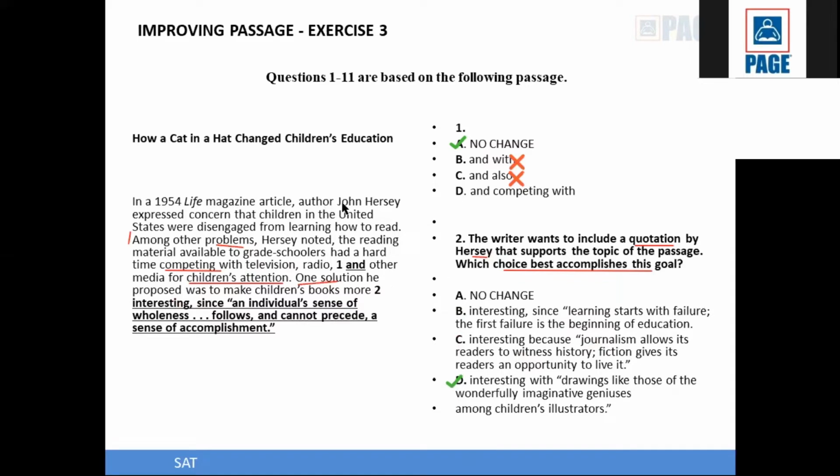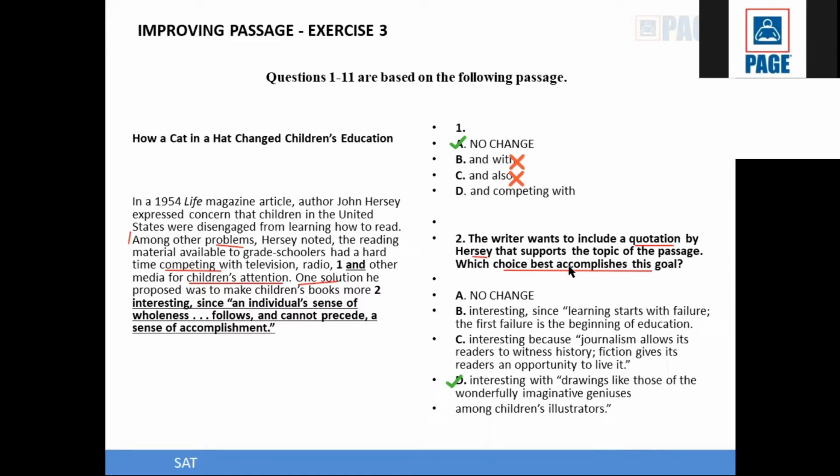You can see in the beginning, the author expressed concern that children in the United States were disengaged from learning how to read. So he's worried about children. So the answer must be related to children. We look at failure; we don't have failure. Journalism, is it? We do not know. But if you look at drawings, interesting with drawings like those of the wonderful imaginative geniuses among children's literature, then it can attract the attention of children.